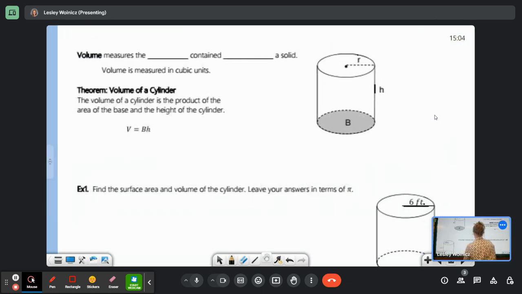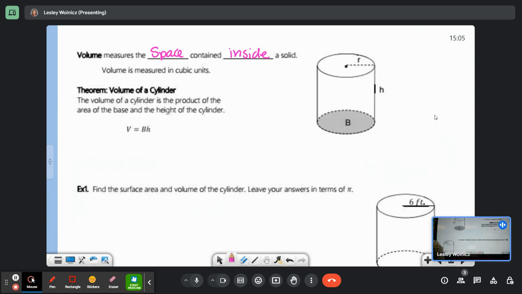All right, volume is going to measure the what contained in what? The space contained inside a solid. Okay, we're going to measure volume in cubic units.